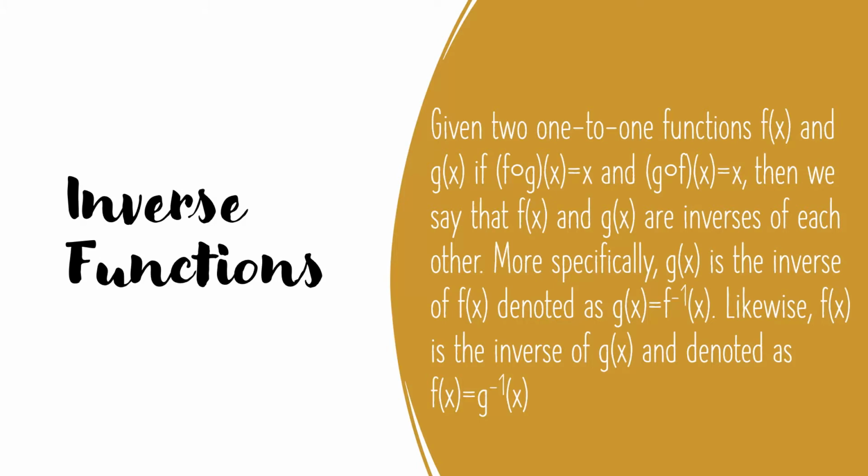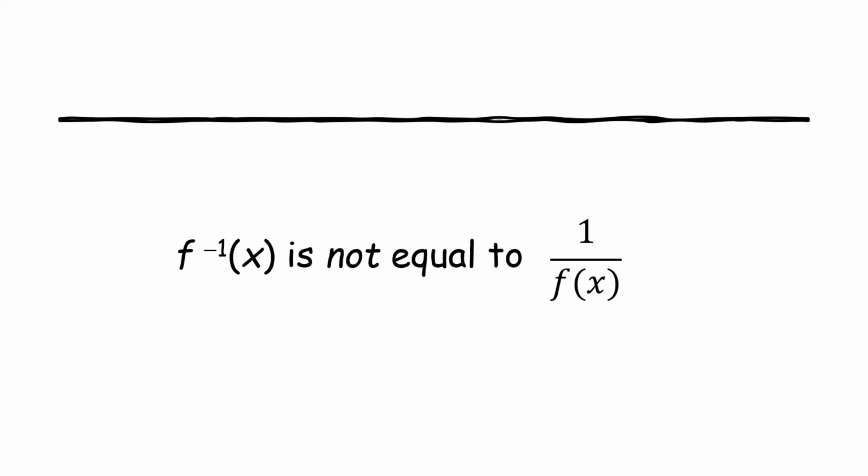Now, we have to take note that f raised to negative 1 of x is not equal to 1 over f of x. In your previous discussions in junior high school mathematics, if an algebraic expression is raised to negative 1, then that can be transformed into its reciprocal.